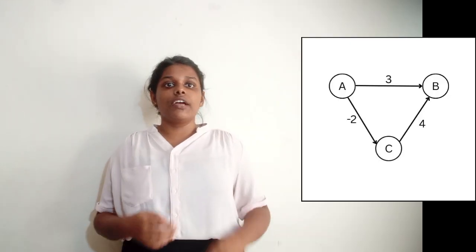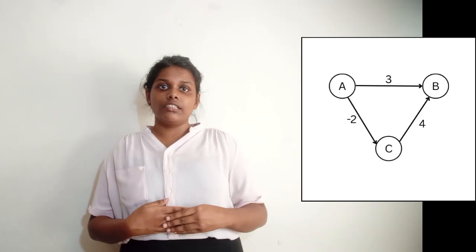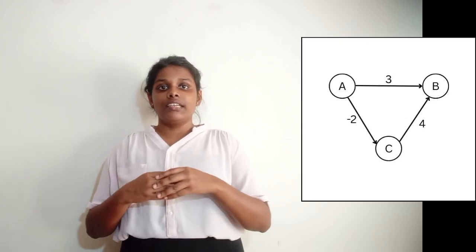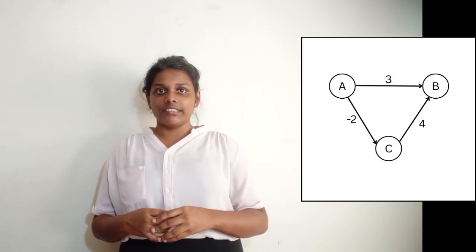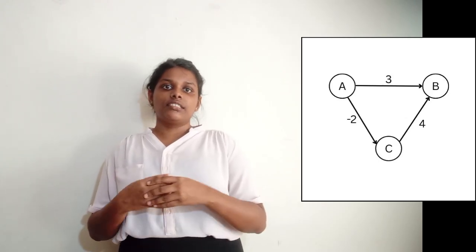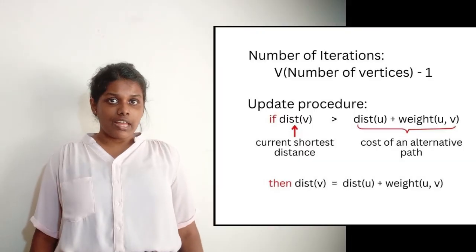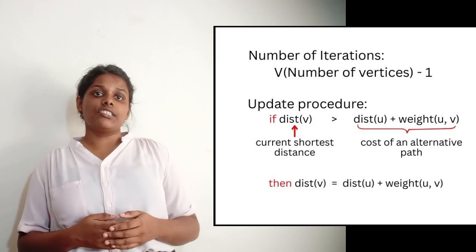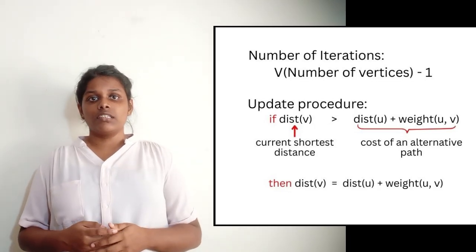In this video we are using directed weighted graphs, which means that every edge has a direction and a weight assigned to it. Weight is a numerical value assigned to an edge to represent capacity, time, cost, distance or strength of the edge. For the Bellman-Ford algorithm, we use iterations to find the shortest path.